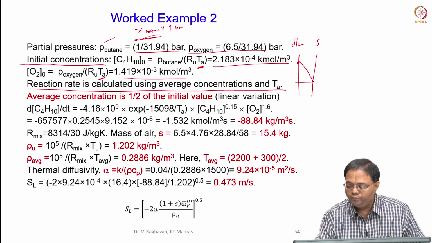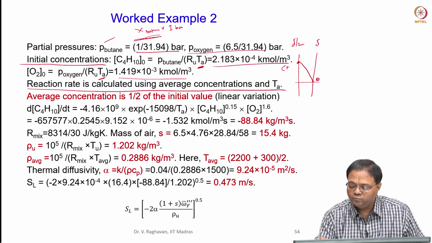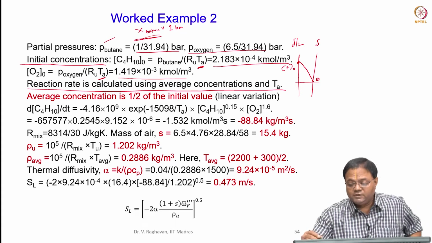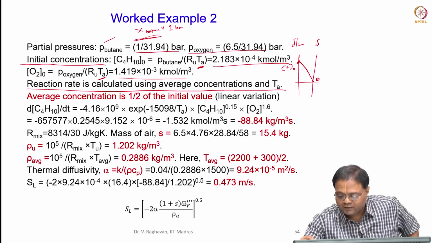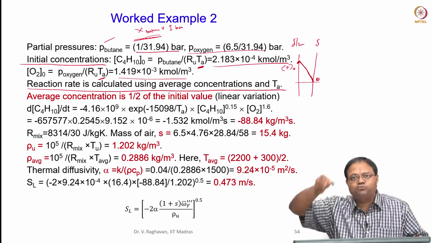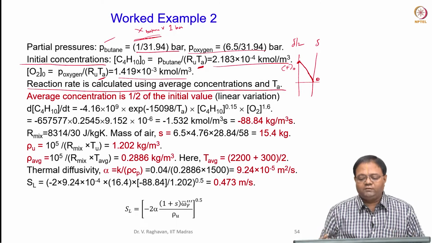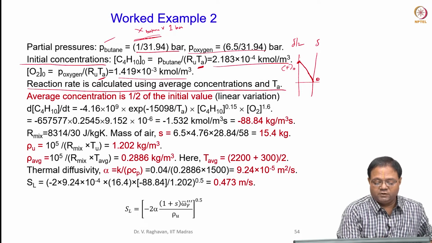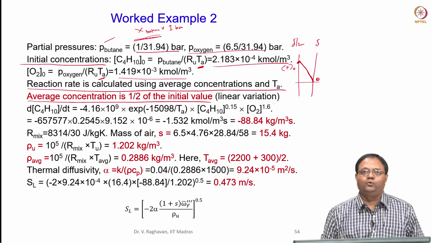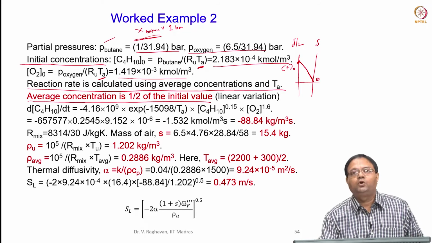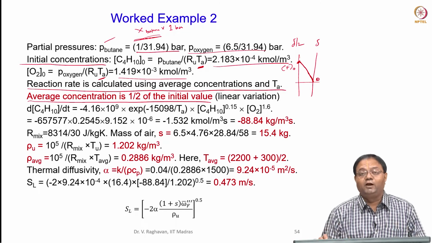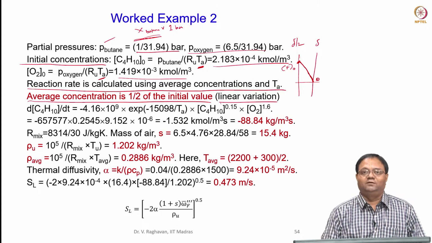So from the initial concentration, the reactant concentration decreases to a 0 value. So what is the average concentration? Average concentration can be taken as half of the initial value, because it is the initial concentration plus 0, divided by 2, assuming linear variation.